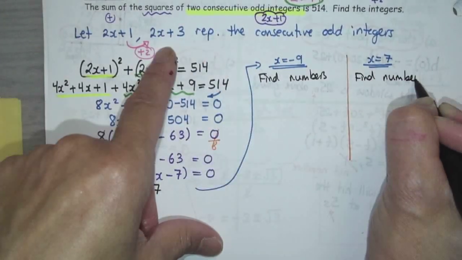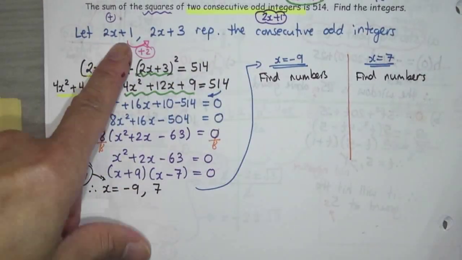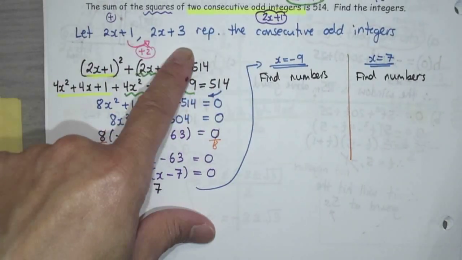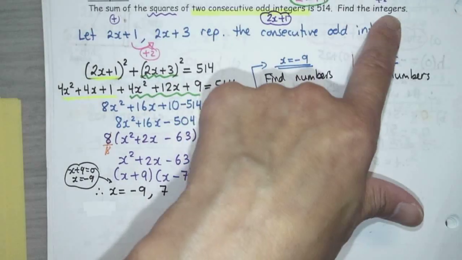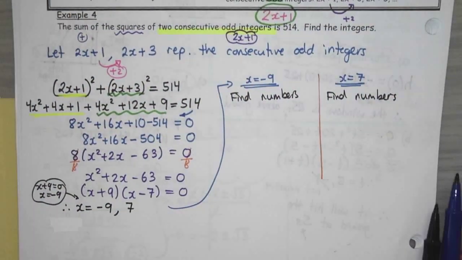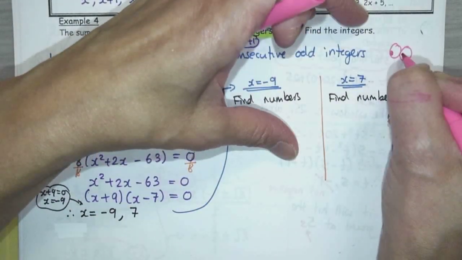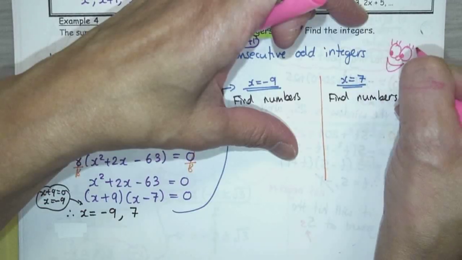Go back to your let statement. Make sure you look at your let statement and say, what did I find? Oh, wait, those are not the numbers I'm looking for. What am I asked for? Find the integers. I said these are my integers, so make sure you look. I'll put the eyeballs, smiling because we're doing math, there's your eyelashes.